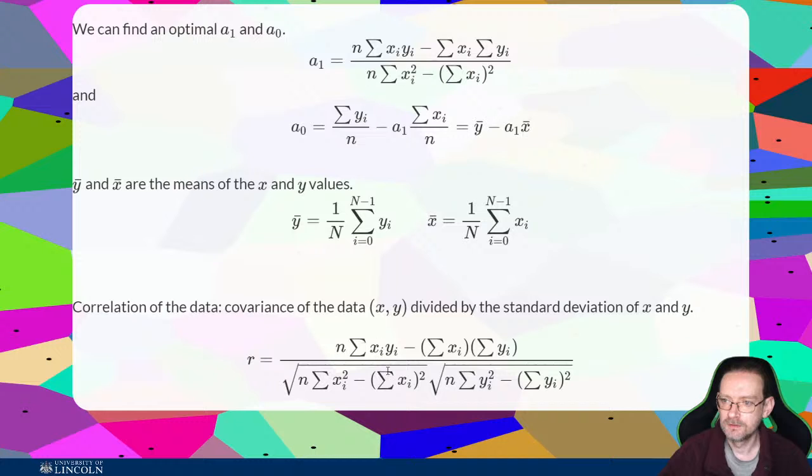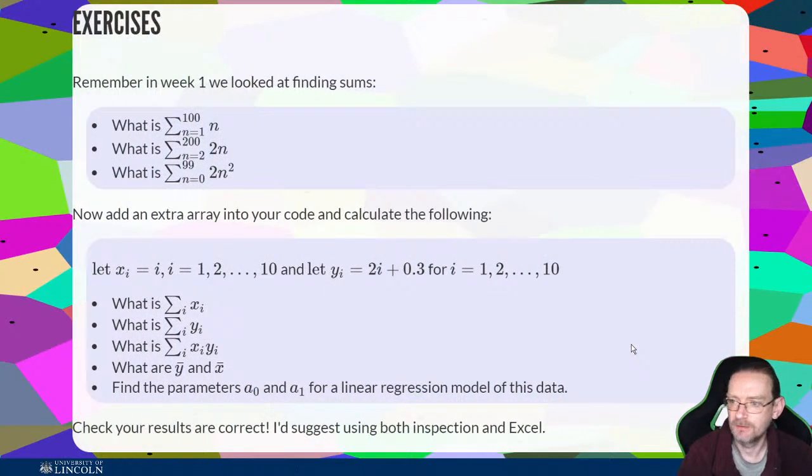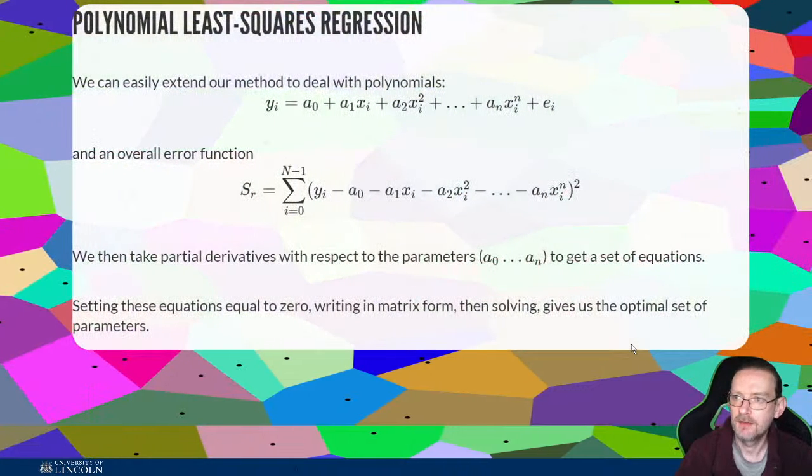And you could also look at the correlation between the data, which is the covariance divided by the standard deviations, and that will give you this R value, a measure of the fit that you can also get from Excel. But just some useful formulae there. And I put up some exercises there. So that's what we did in week 1.